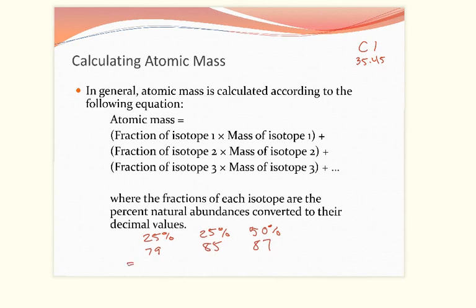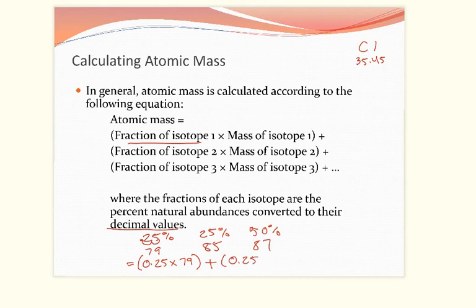You would take your test 1, and you would take the fraction, converted into a decimal value. So you wouldn't say 25% times 79, you'd say 0.25, by moving the decimal place 2 times to the left or dividing by 100, times your 79, plus your test 2 result multiplied by its fraction.